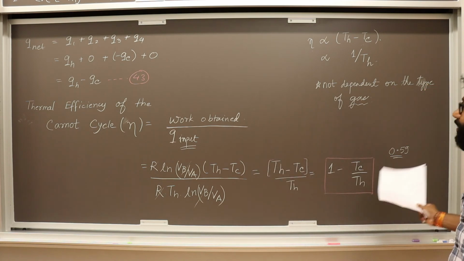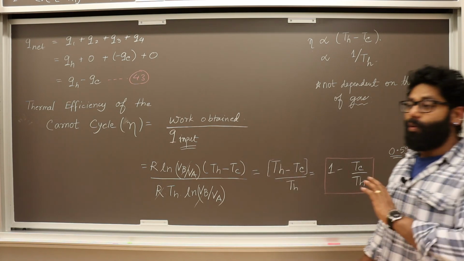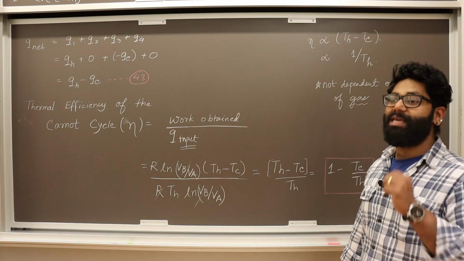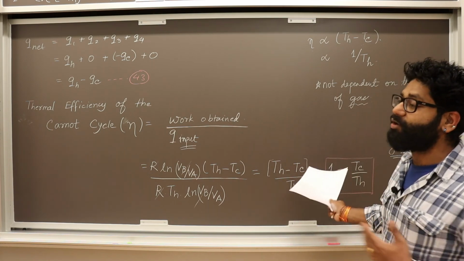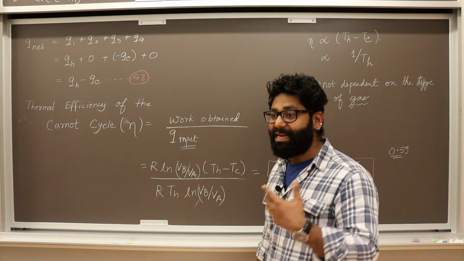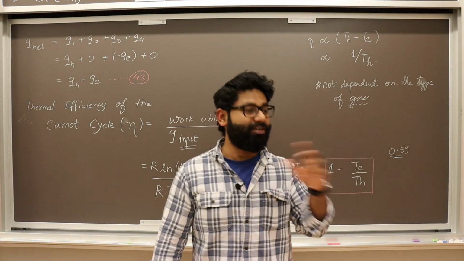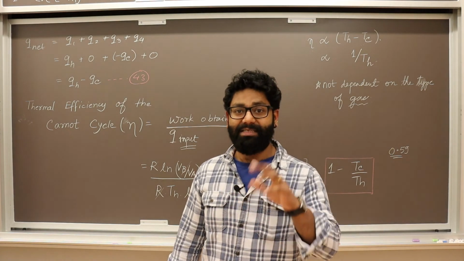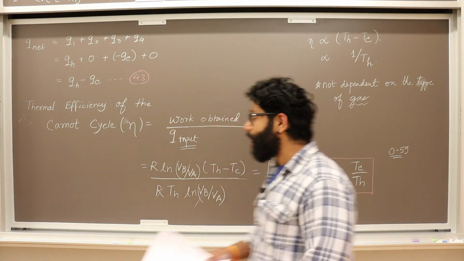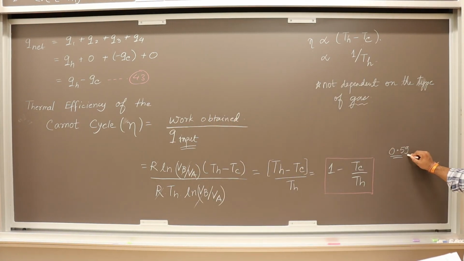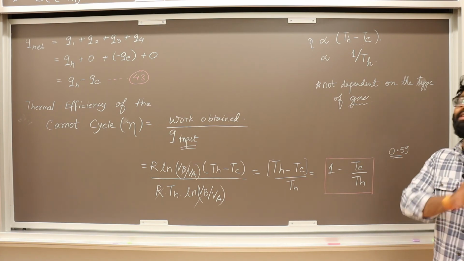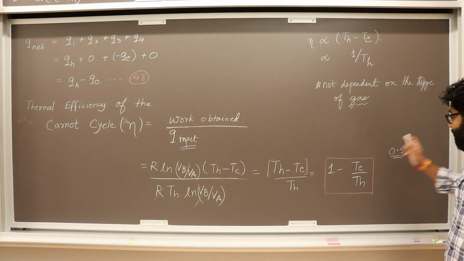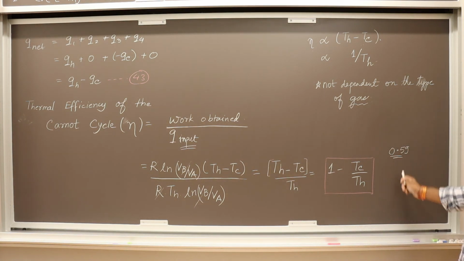If the efficiency of the Carnot cycle is 59%, whatever you do, you will not be able to reach that high, because the Carnot cycle is hypothetical. Everything happening in a Carnot cycle is reversible. There is no energy loss and things like that. Even then, you are not able to get as high as 100%. You have to keep that in mind. Even the Carnot cycle, the best case scenario, cannot get to 100%.